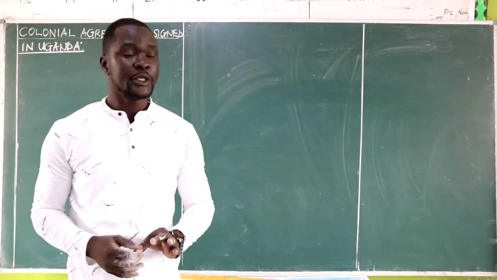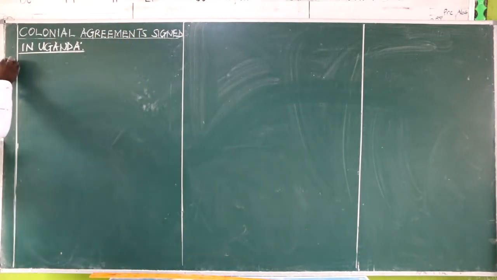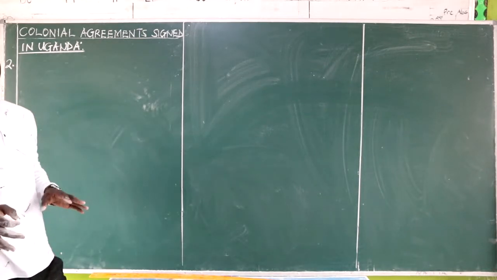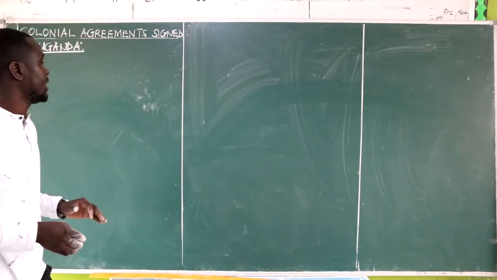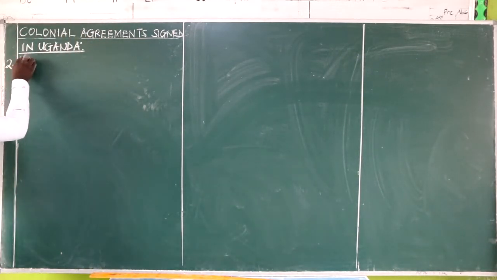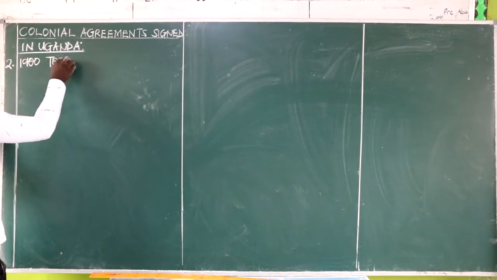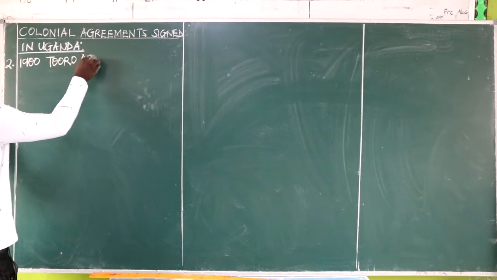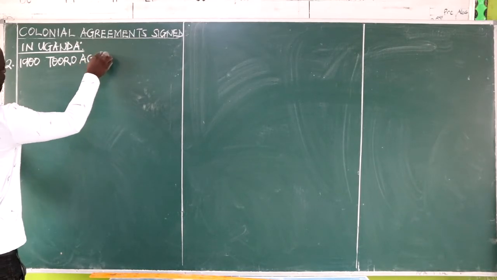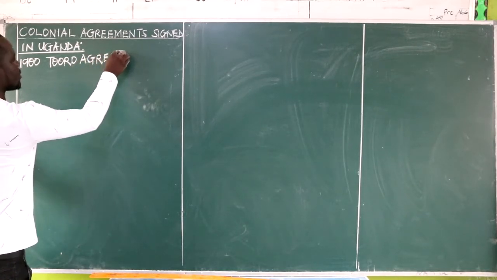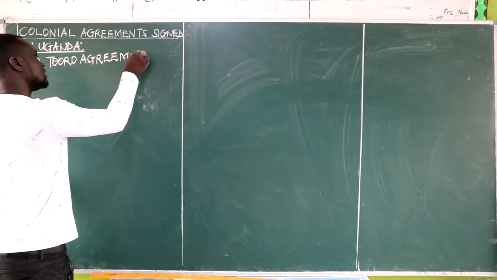So we are going to continue, and we are saying we are moving to the second colonial agreement, which was signed in Uganda, and this was the 1900 Toro Agreement.